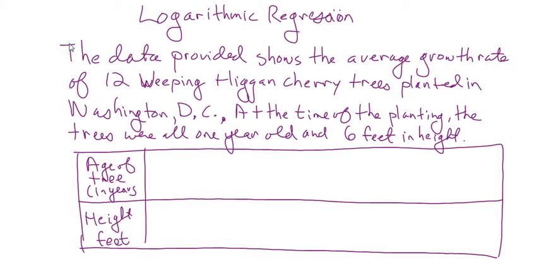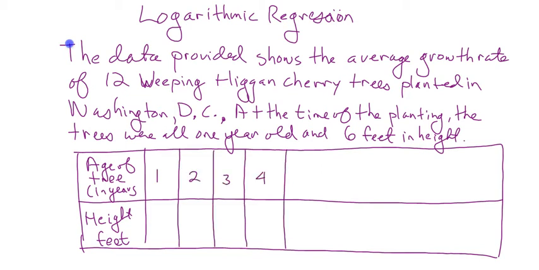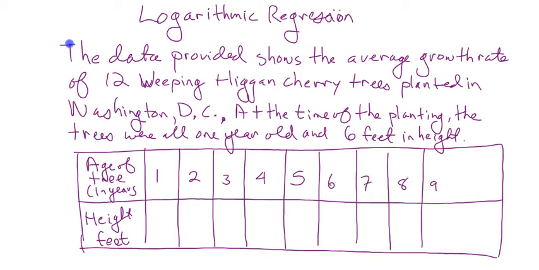So we have some data, which is the age of the tree in years, 1 and so on. And we have 11 years worth of data, and we've got some heights for the tree. So they all started out at 6 feet.